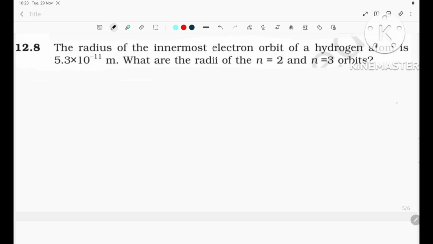Yes. So next question is like a subset of the first one. We have already done it. The radius of the innermost electron orbit of hydrogen atom is 5.3 into 10 power minus 11 meter. What are the radii of n equal to 2 and n equal to 3 orbits? You know that for hydrogen atom, the radius of the nth orbit is 0.53 into n square angstrom, and here they have already given R1 is equal to 5.3 into 10 power minus 11 meter, which is the same thing.